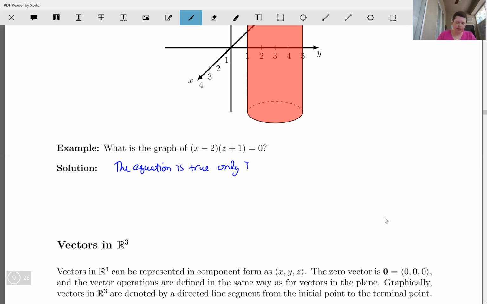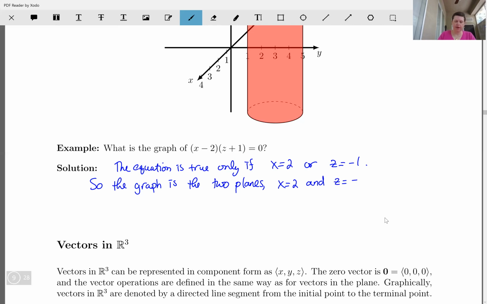That is that x is equal to 2 or z is equal to -1. And so basically what that tells us is that the graph is the two planes, x equals 2 and z equals -1. So this was a fun introduction to graphs in 3 dimensions.